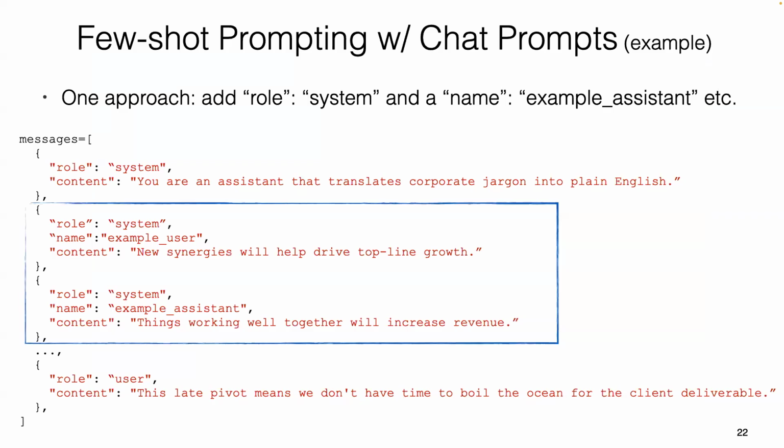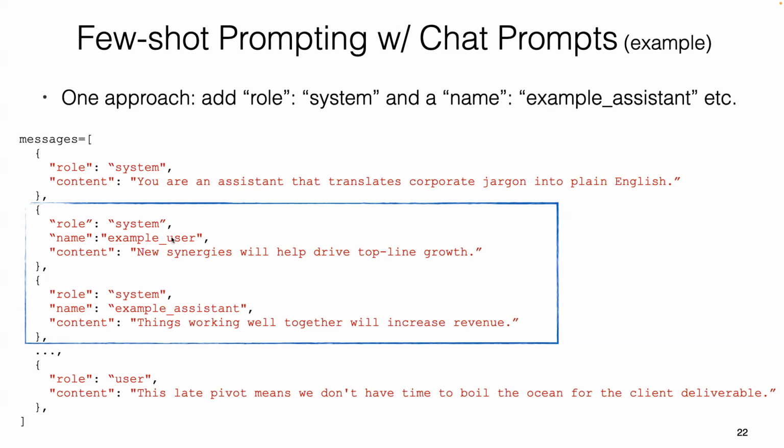So anyways, with these chat style models, you have to think about what is the best way to give the few shot examples. I'm not actually sure what the best way is, but there are different options. One option is some models support giving a name, so you could have a separate name for your few shot examples.